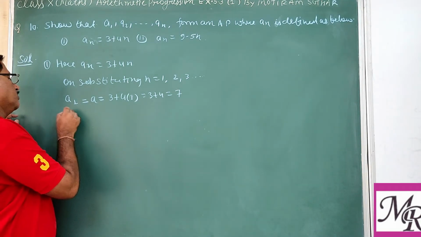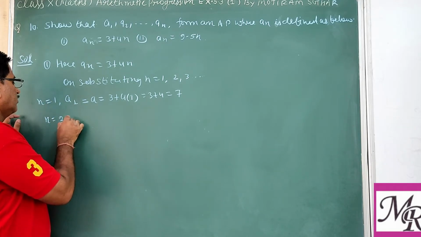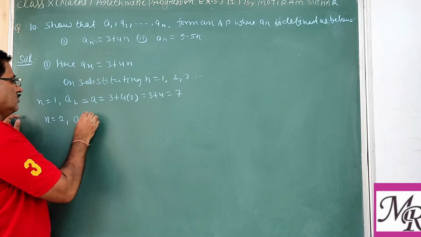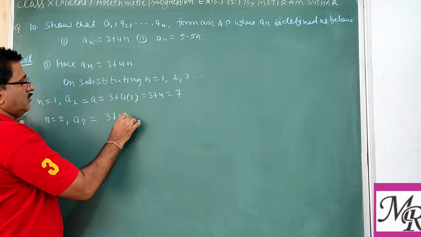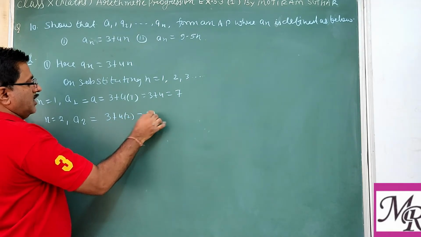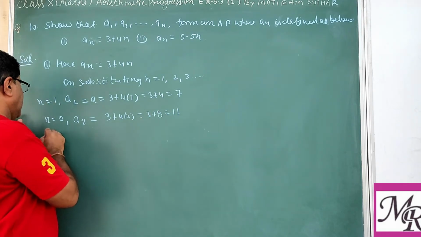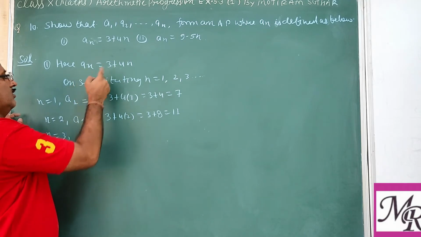Now if you put n equal to 2, in this put n equal to 2. So a2, 3 plus 4 into 2, 3 plus 8, that is 11. Then n equal to 3. Here put n equal to 3.